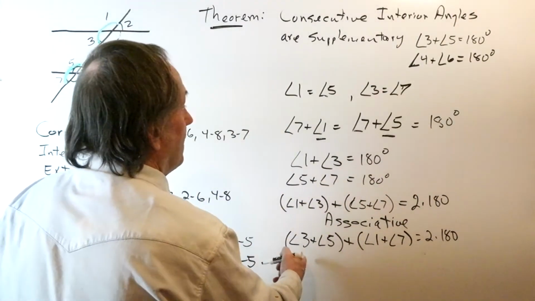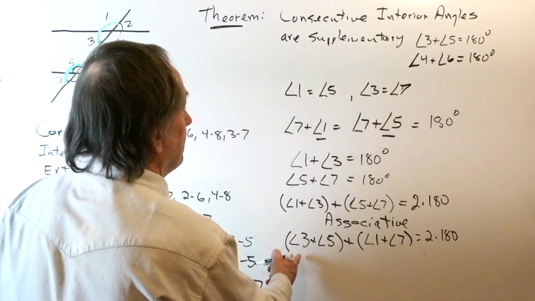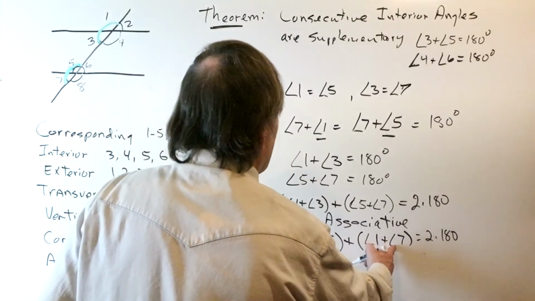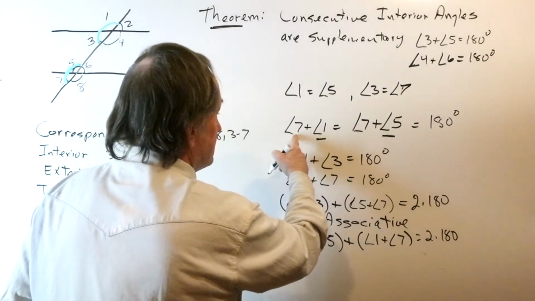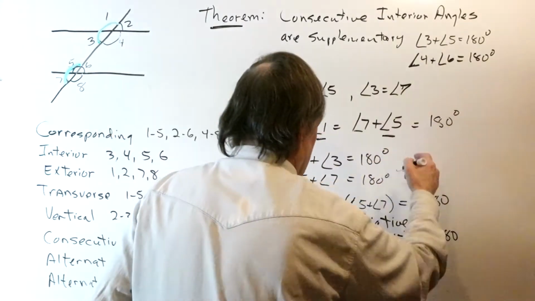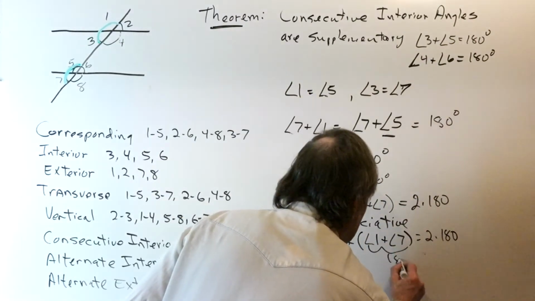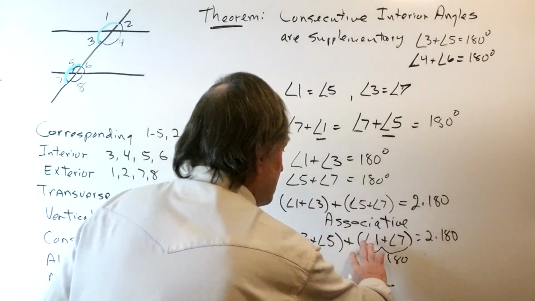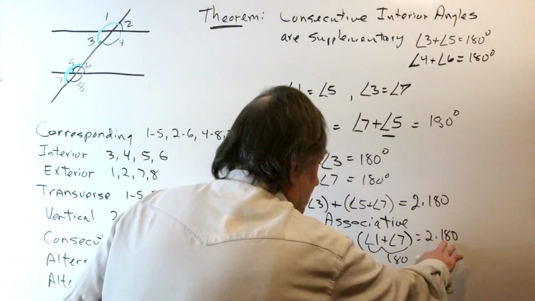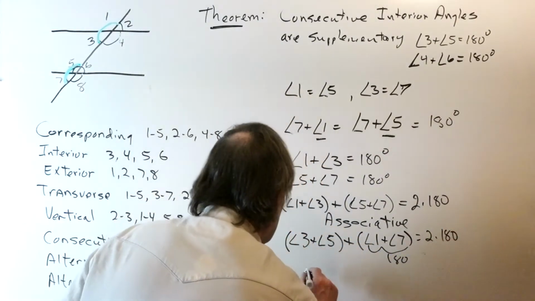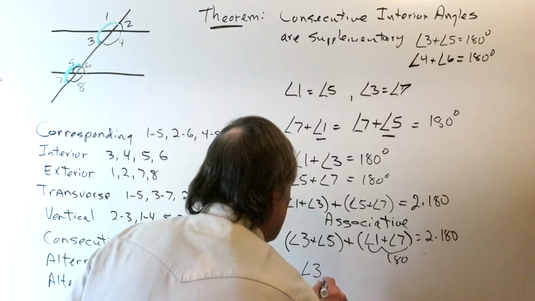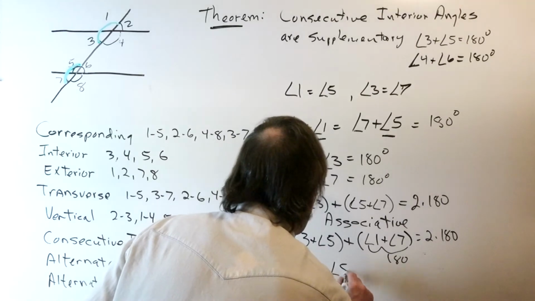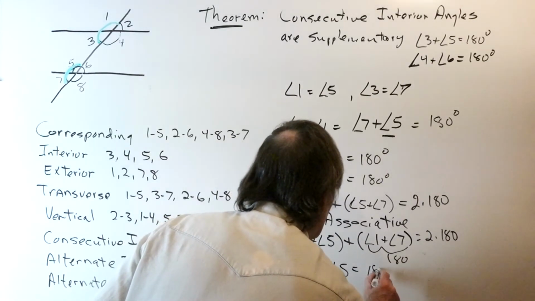Well, we've already established that the sum of angle 1 and angle 7 is 180 degrees. Angle 7 plus angle 1 is 180. So this is 180. And we have twice 180 on that side, so we can move that out or cancel one of the 180s on the right hand side, and we have angle 3 plus angle 5 then is equal to 180 degrees.